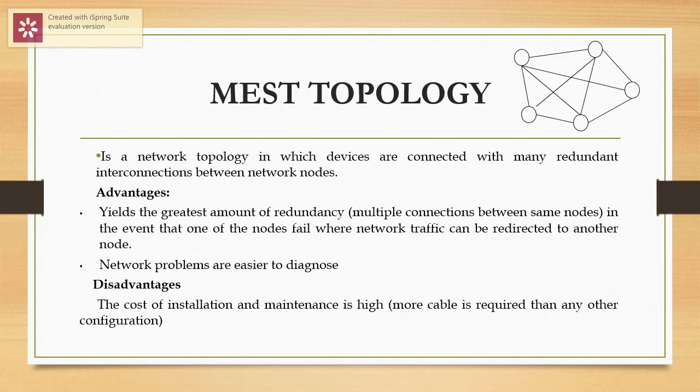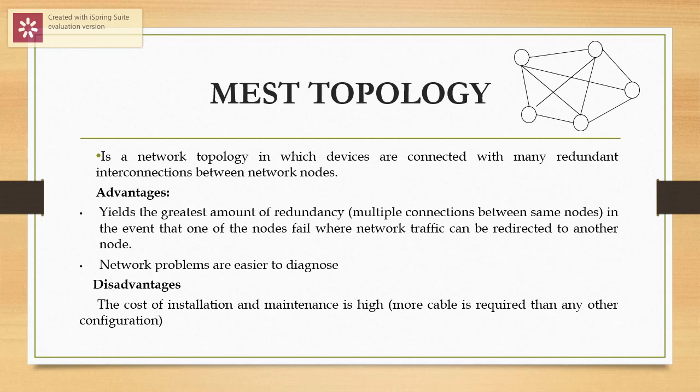We also have the mesh topology. This is a network topology in which devices are connected with many redundant interconnections between network nodes, where each node is connected directly to the other nodes. Advantages of mesh topology: there is the greatest amount of redundancy.